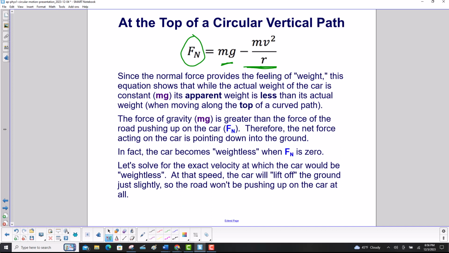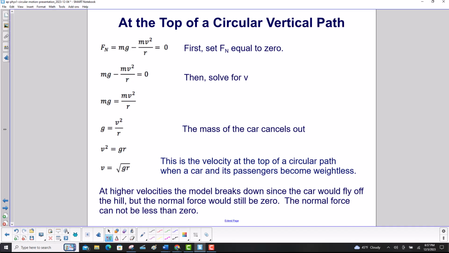Let's solve for the exact velocity at which the car would be weightless. At that speed, the car will lift off the ground just slightly, so the road won't be pushing up on the car at all. So we start up here, and first we set the normal force equal to zero, then solve this equation for v.